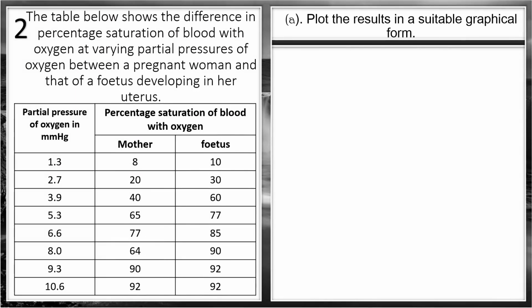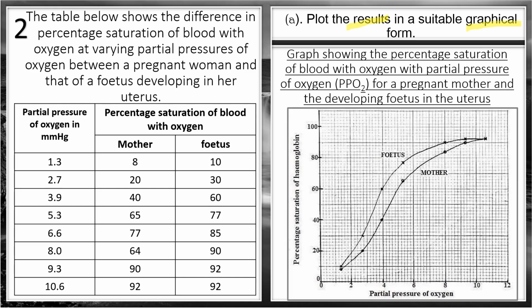Part A, plot the results on a suitable graphical form. So we have a graph showing the percentage saturation of blood with oxygen, with the partial pressure of oxygen for the pregnant mother and the developing fetus in the uterus.